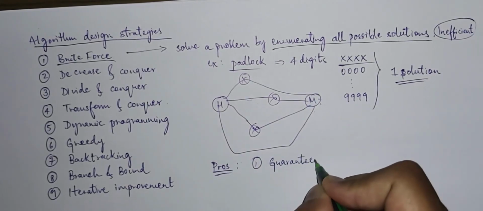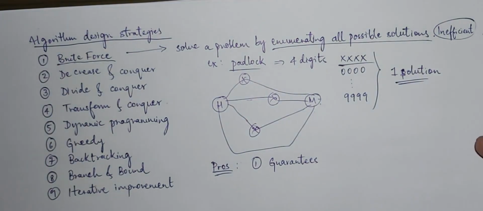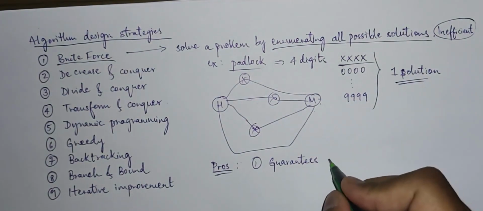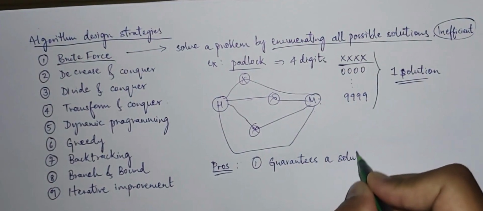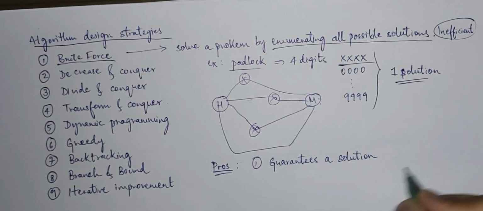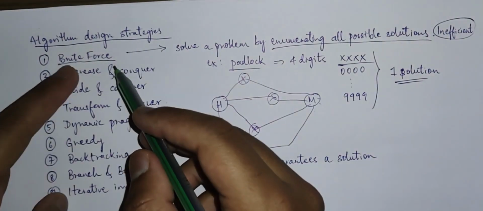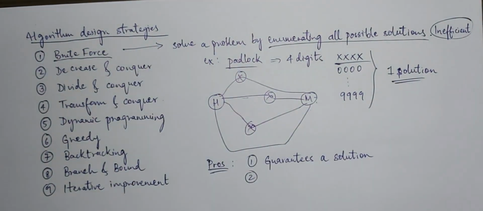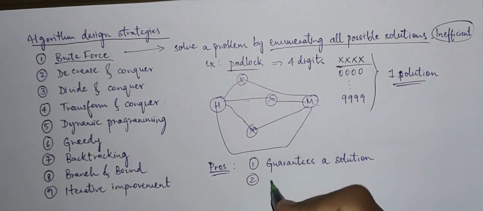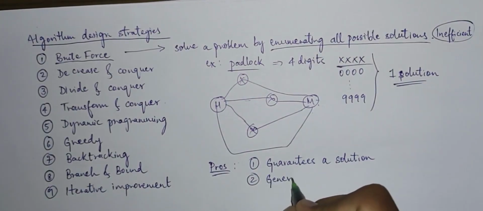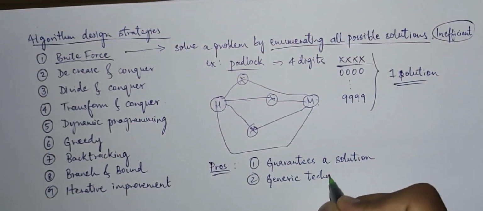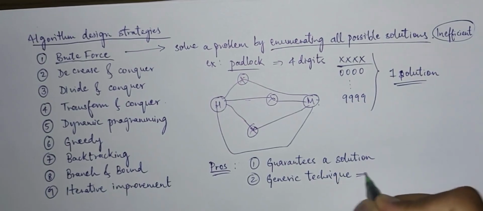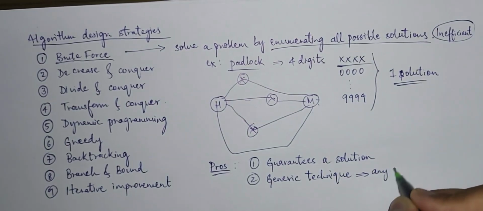Even though it takes more time, you will always come up with a solution using brute force. The second thing is that this strategy is not specific to some domain. It is a generic technique which can be applied to any domain, so it works on any problem domain.